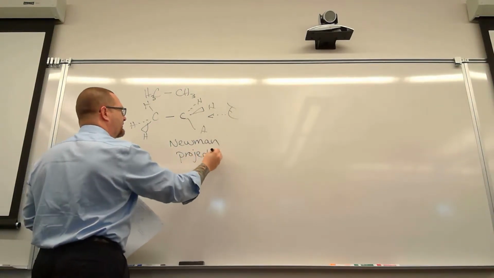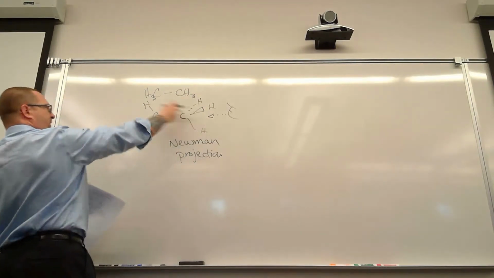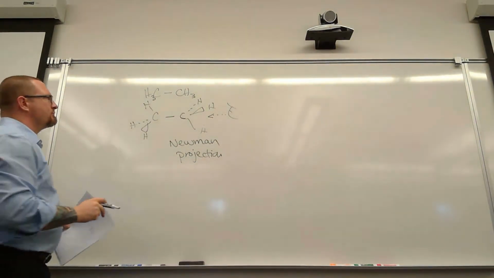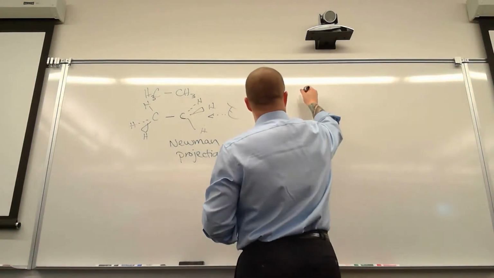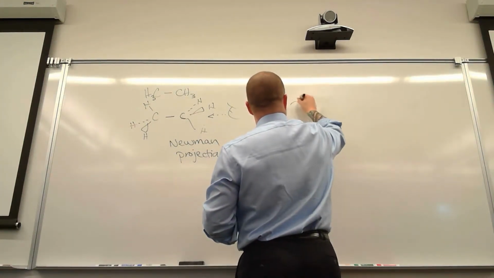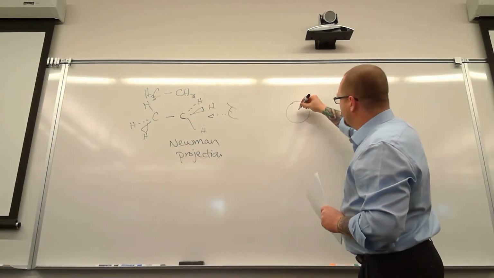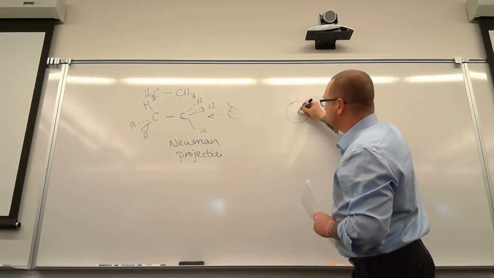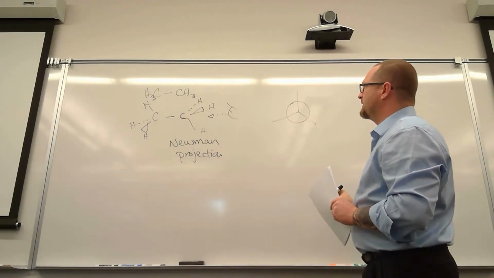So what I'm going to do is draw viewing from this way through this way. And what that looks like is we put a circle for our line of sight, and up front we've got our three bonds.